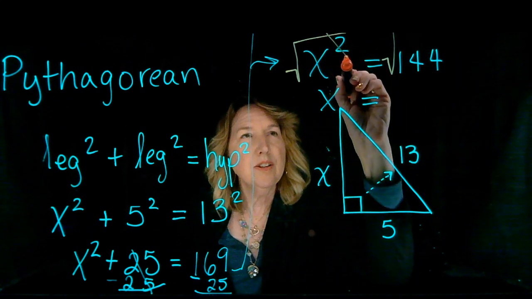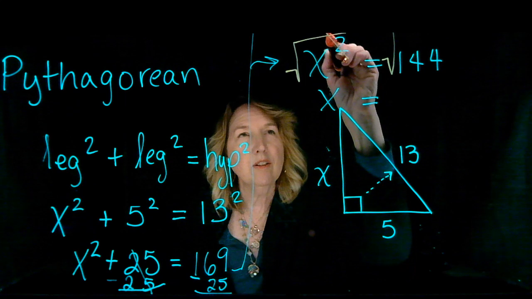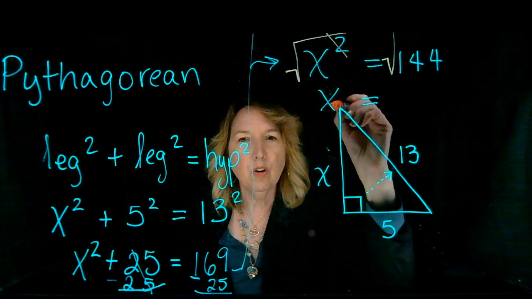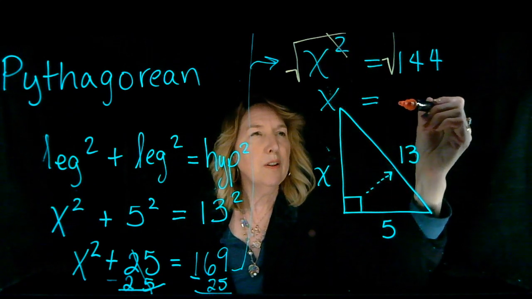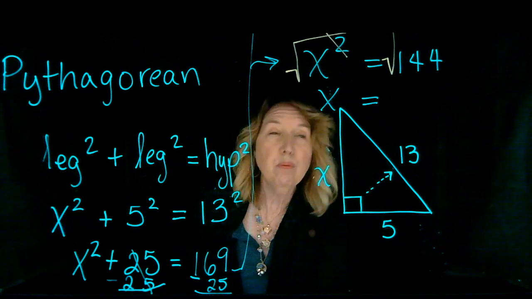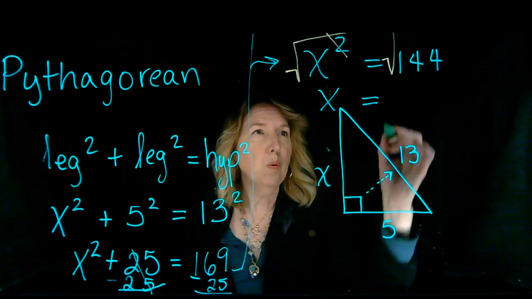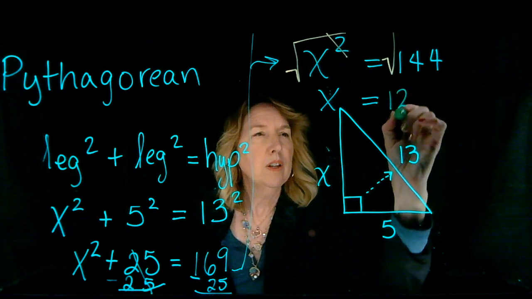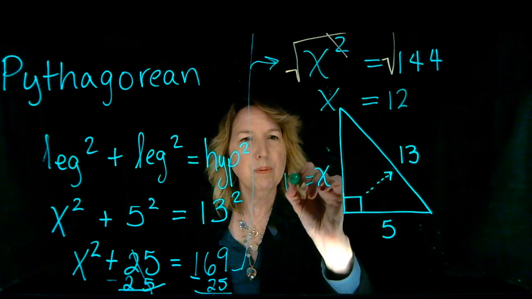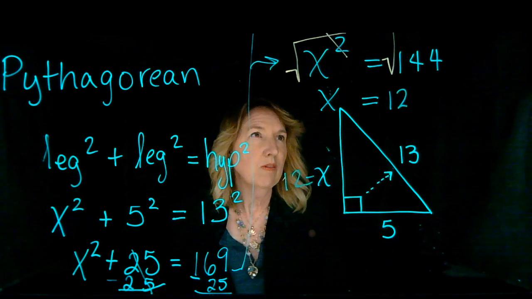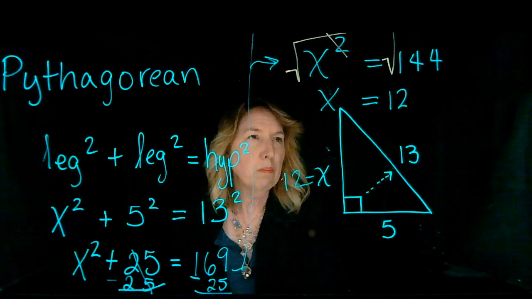That allows these to cancel. The square cancels with the square root. You have your goal here, x, and on the right-hand side, the square root of 144 is 12. So this leg must be 12. And that's how you use the Pythagorean theorem.